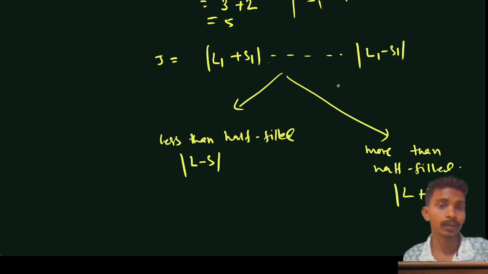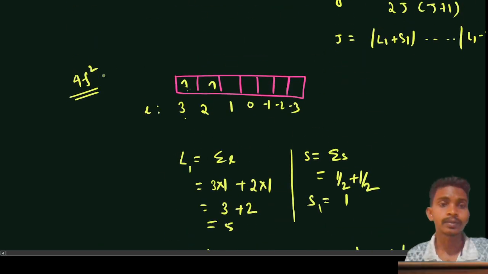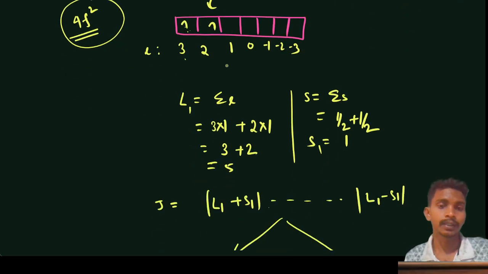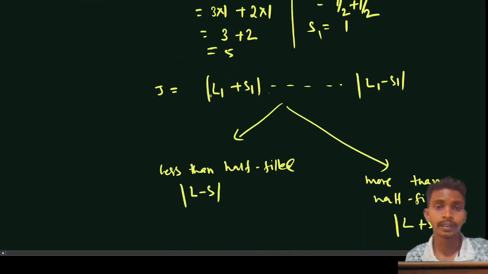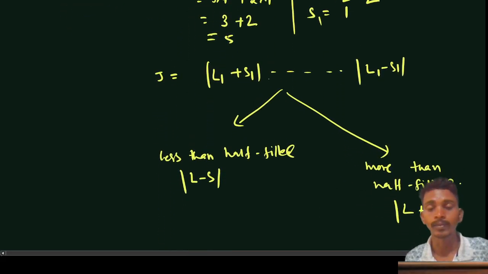We will take only one value. So we check whether the orbit is more than half filled, less than half filled, fully filled, or all half filled. Whenever all are half filled, the J value is not needed, which we will discuss after this. So now we will consider less than half filled and more than half filled.